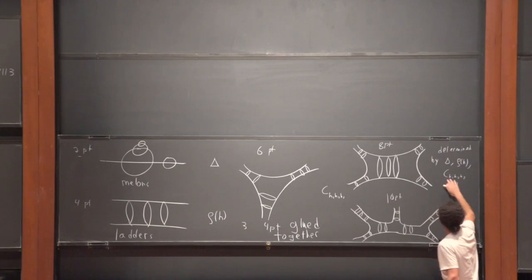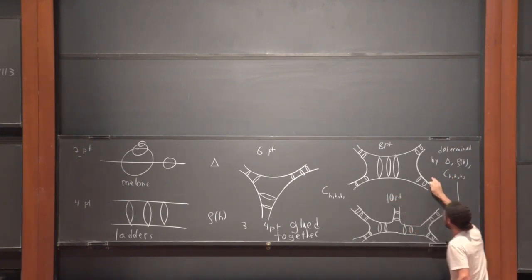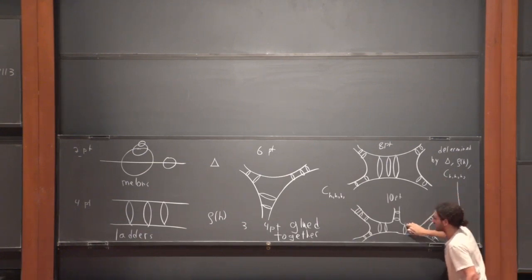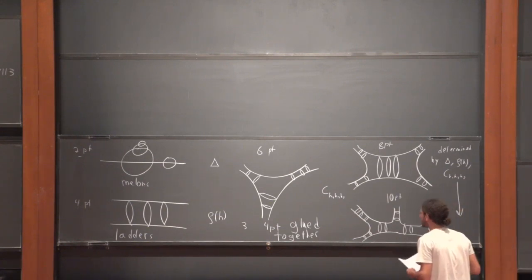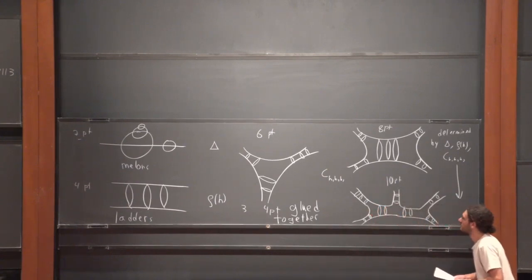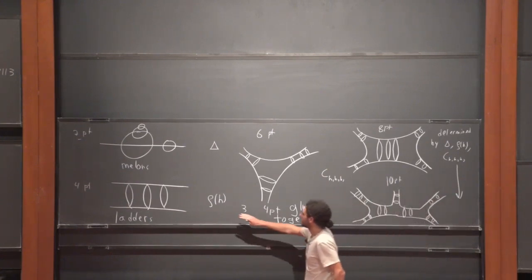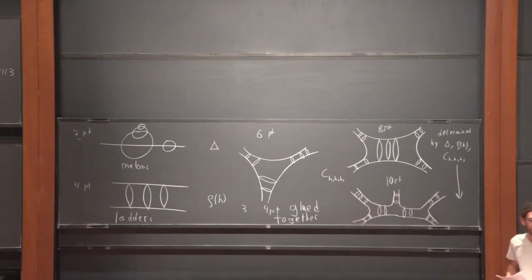These three quantities, delta, rho of h, and c of h1, h2, h3, the 3-point function of the bilinears, determine these diagrams, the ones for the 10-point function, and so on. So next, let me say more about the 4-point function, and then I'll tell you the higher point functions.